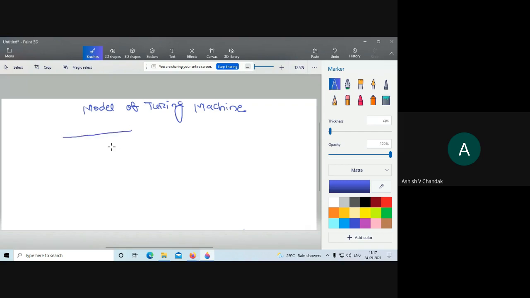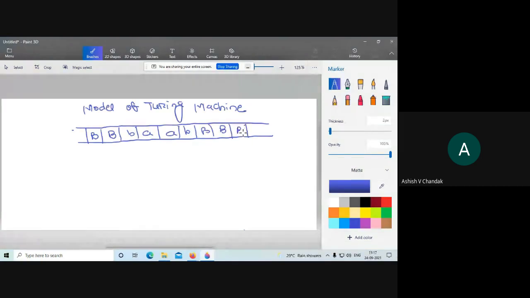It contains a tape. The tape is divided into cells, also called squares. By default the tape is blank. B means blank symbol. Then these are the input symbols. How many input symbols are there on the tape? Two, a and b, and capital B. By default the tape is blank.